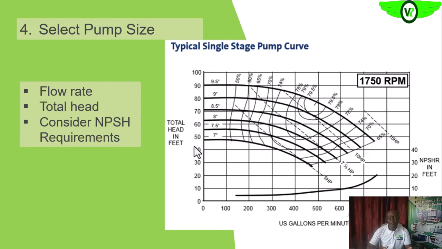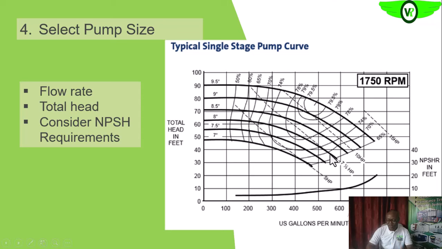We'll look at the liquid that we want to pump, then we'll look at the vapor pressure of the liquid. Remember that if the net positive suction head is lower than the vapor pressure, bubbles will be formed, and that can lead to cavitation. So you determine the net positive suction head by determining the vapor pressure of the liquid. You want something that is higher than the vapor pressure of the liquid.